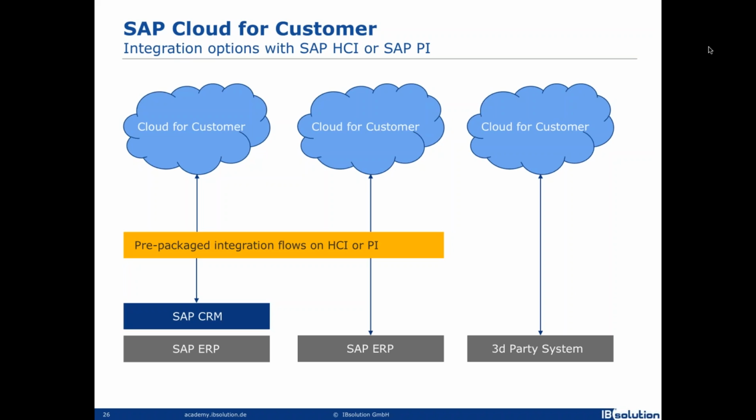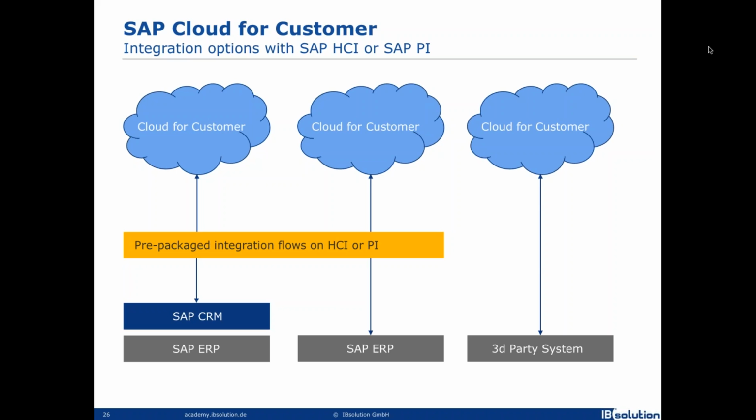Using this approach, you can, for example, have integration with a CRM system and also with the SAP ERP system. Of course, if you don't use the SAP-provided integration platform, you can also have integration with Cloud for Customer. You can achieve this using all the open APIs which SAP provides.